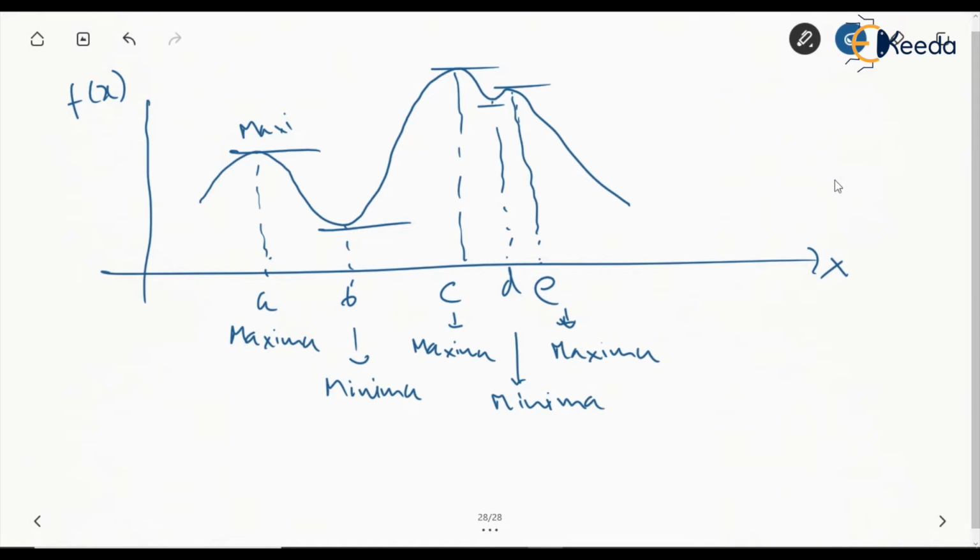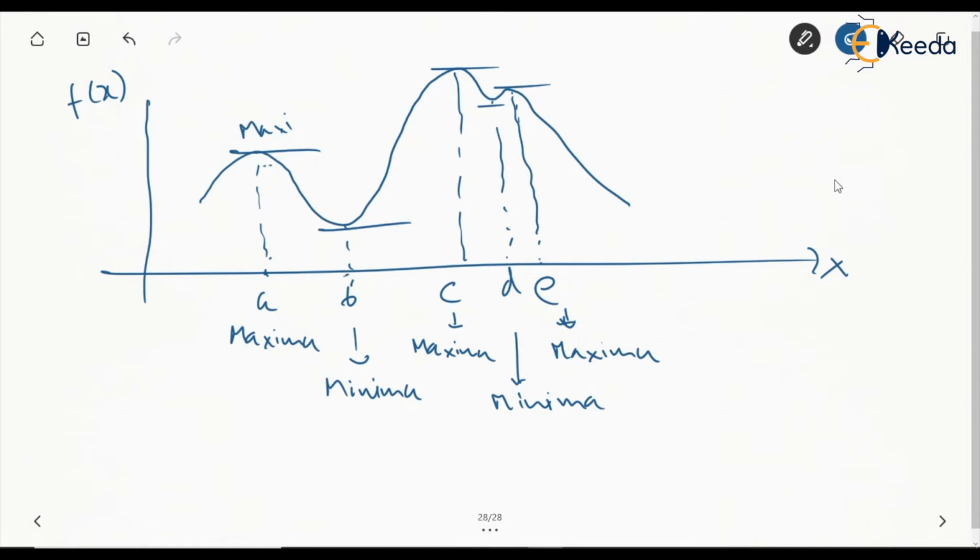And this is also a maxima. So we are having 3 maxima and 2 minima, and you can also see that, like, check this B, x is equal to B. This is a minima, and at A we have a maxima. So this is a maximum value only at a relative interval.